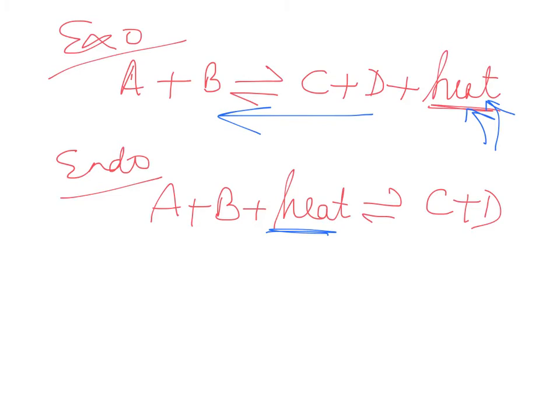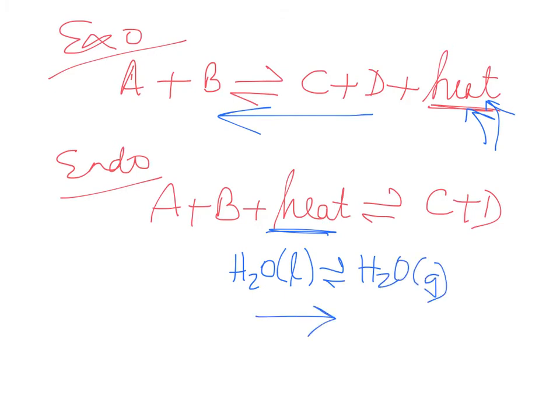As a very basic example, you can envision liquid water phase transitioning to gaseous water. If you continue to heat, which is an endothermic process really, more and more liquid water is going to form gaseous water. It gets facilitated because it's an endothermic reaction supported by the presence of heat.